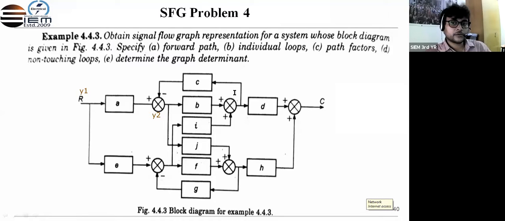So this node you can consider as Y3, or you can consider x1, x2, x3, whatever, no problem. This node you consider as Y4.